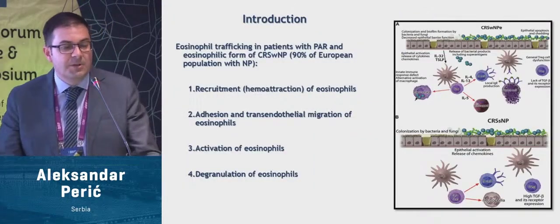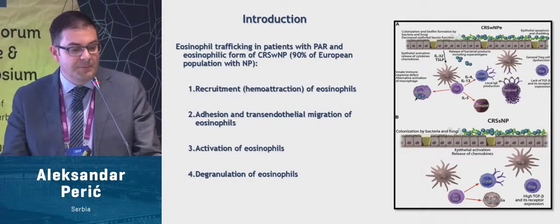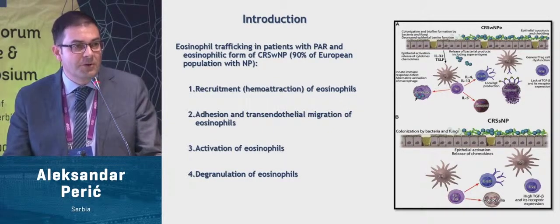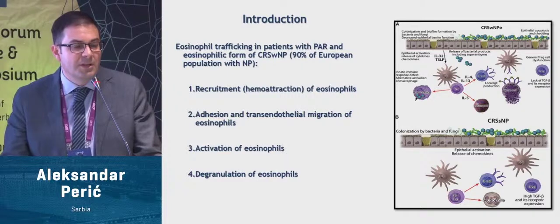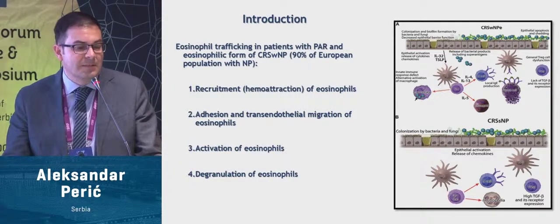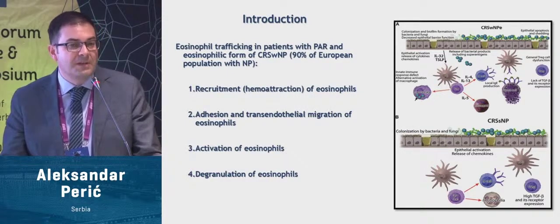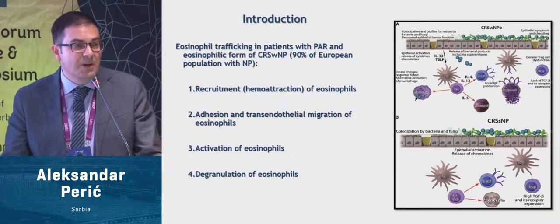Eosinophil trafficking in patients with perennial allergic rhinitis and in the eosinophilic form of chronic rhinosinusitis with nasal polyps, in 90% of patients with nasal polyps in the European population, is characterized in its development by 4 phases. Phase 1 is recruitment or chemoattraction of eosinophils.